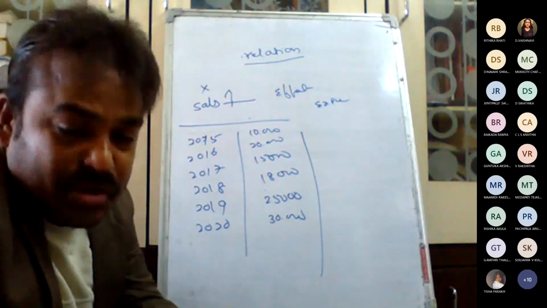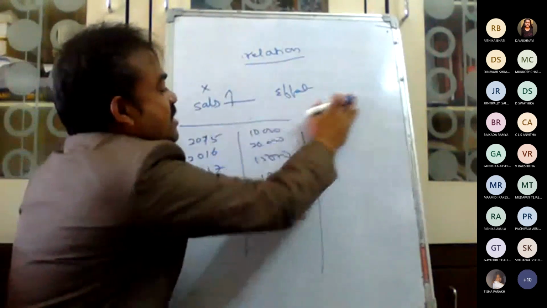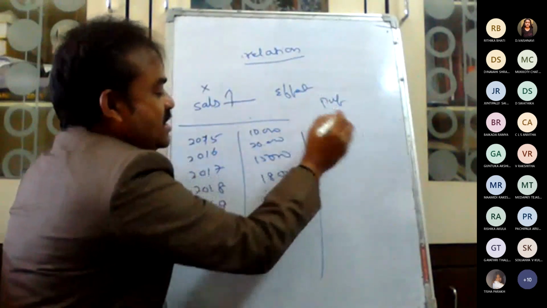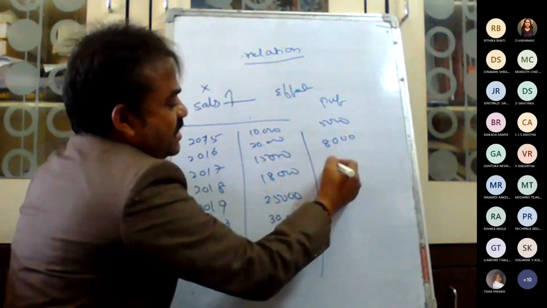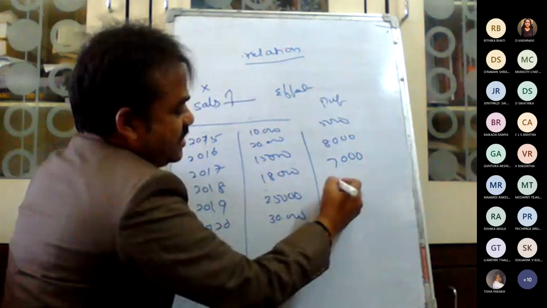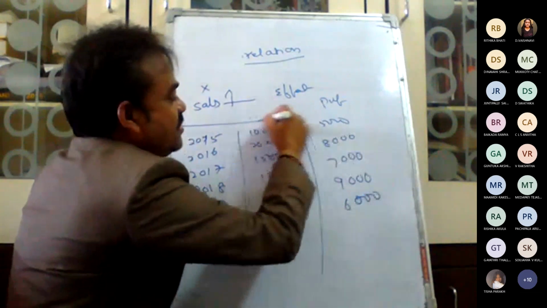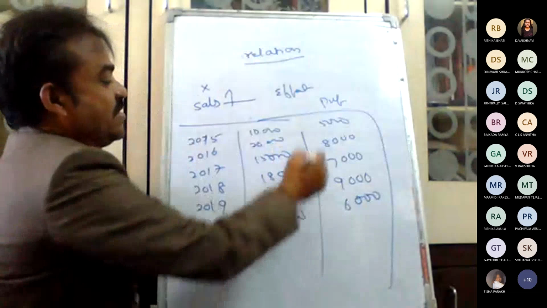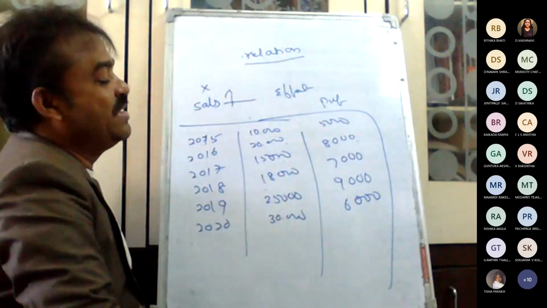So here one variable is there. For example, sales, and this is the profit. Example I am telling: 5,000, 8,000, 7,000, 9,000 and 6,000. Sales is increasing. So what is the effect on the profit?